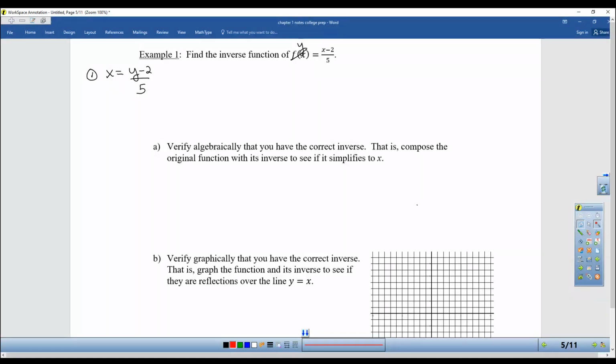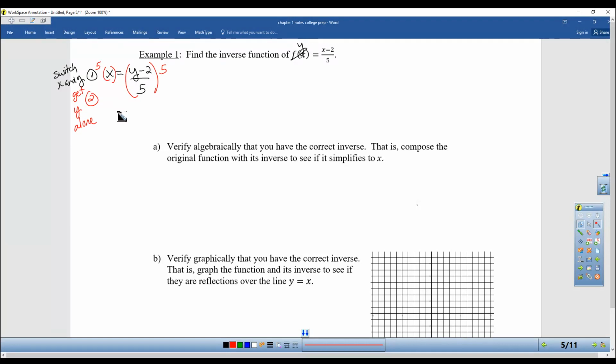And then step 2 is going to be to get the y by itself. So your first goal is going to be to clear the fractions. So step 2, get y alone. Step 1, switch x and y.